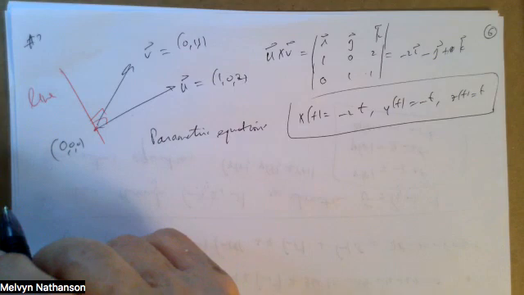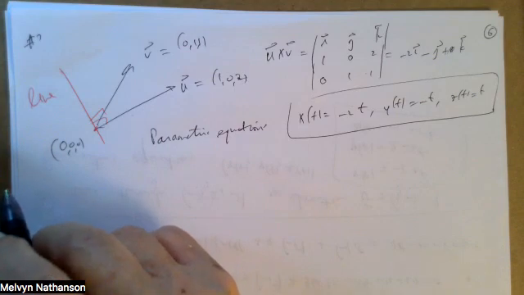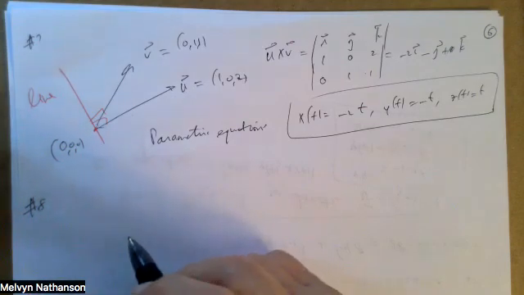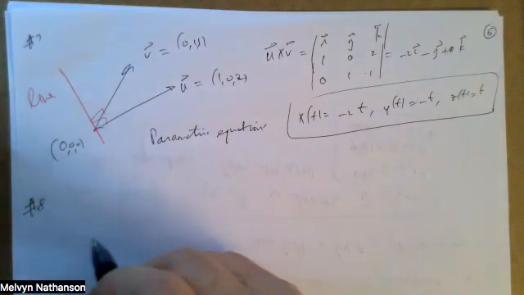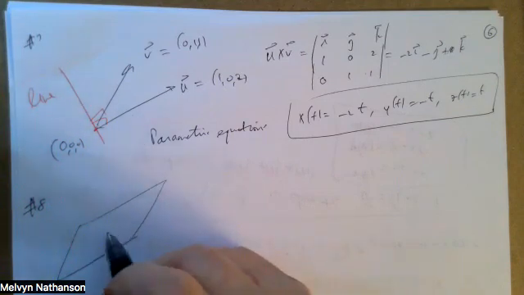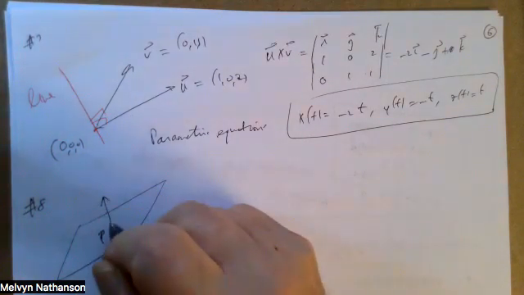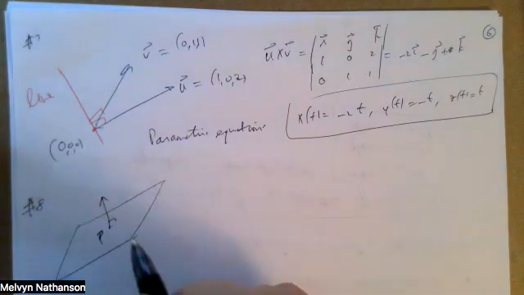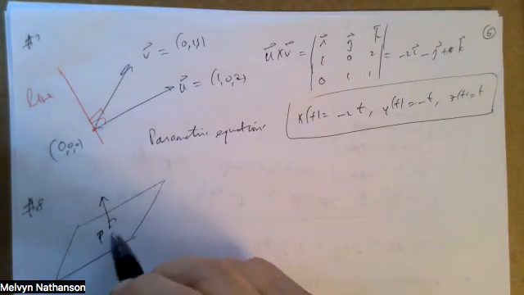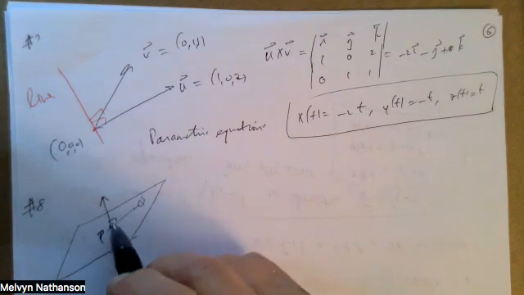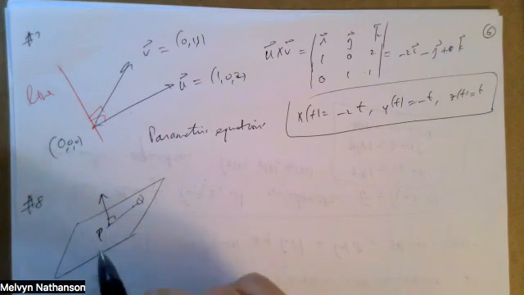Number 8. So an equation of a plane, the way to describe the plane is you have a point P on the plane and a normal vector. And your plane consists of all the points, let's say Q, where the line from P to Q is perpendicular to this normal vector.